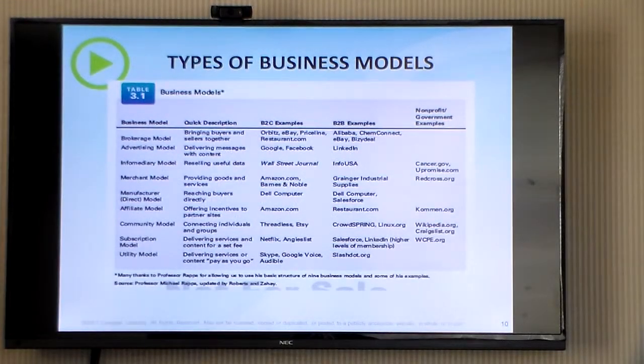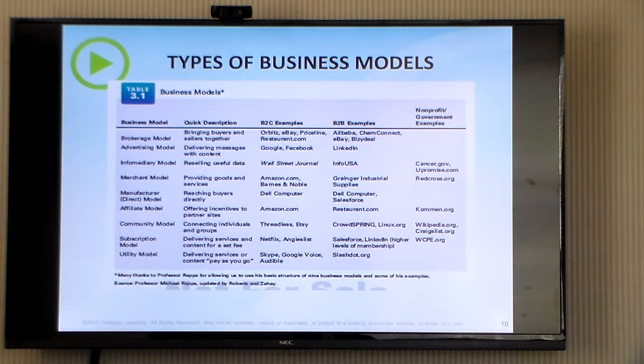So we're giving you multiple different types of business models. This is also available on page 64. Look at the different ways that incentives can come through. Look at the different models that exist and see if there's something that would fit more related to what you're trying to do.